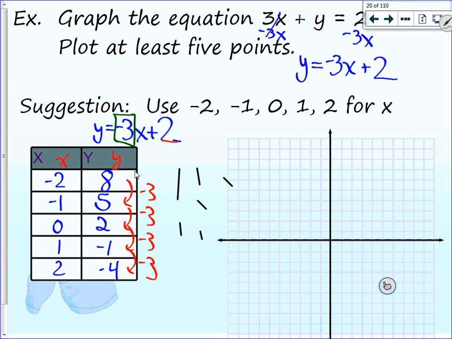So, if your x's are going down by 1, or a consistent amount, the y should go down by a consistent amount as well. And here we see it showing up in our equation. So we're going to pay attention to that, see if that's consistent.